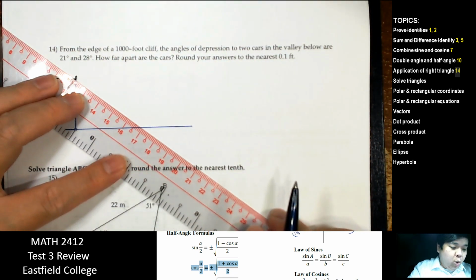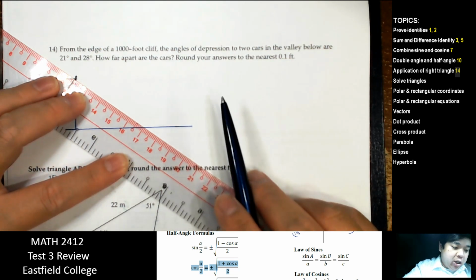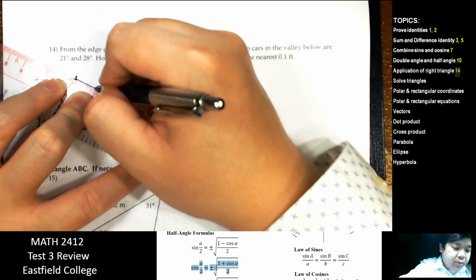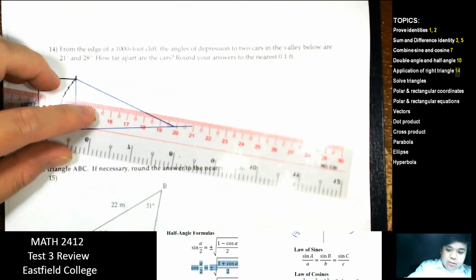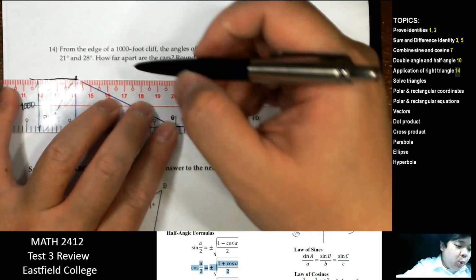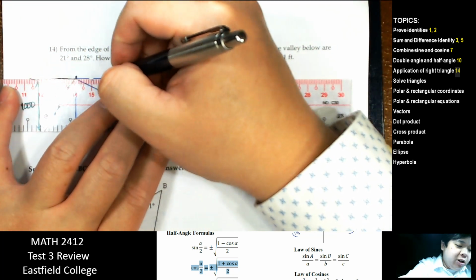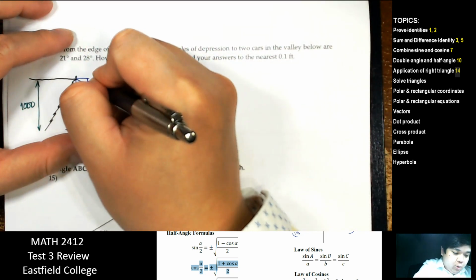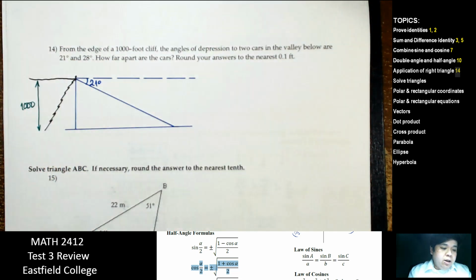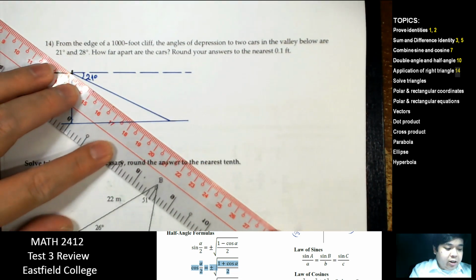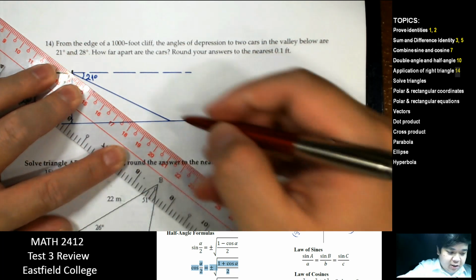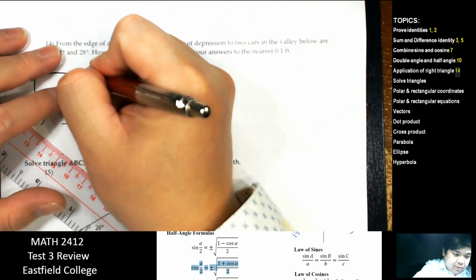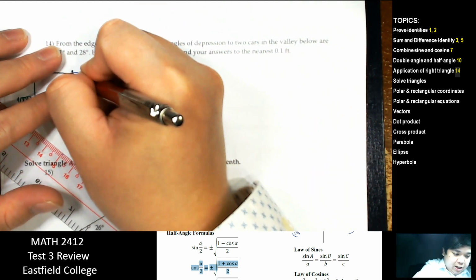One of them is 21 degrees with the angle of depression. Of course, angle of depression is measured with the horizontal line. So one of them is 21 degrees and the other one is 28 degrees. This angle is 28 degrees.